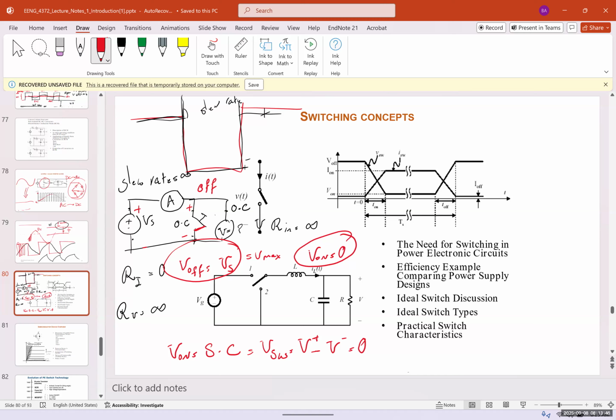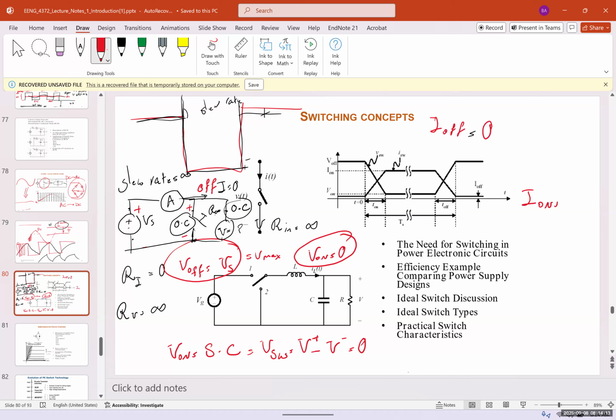What about the current? What happens to the current? I off. When it's off, what happens to the current? So since this resistance is infinite and this is off and you have an open circuit, there would be no current passing this. So I off, the current would be equal to 0.